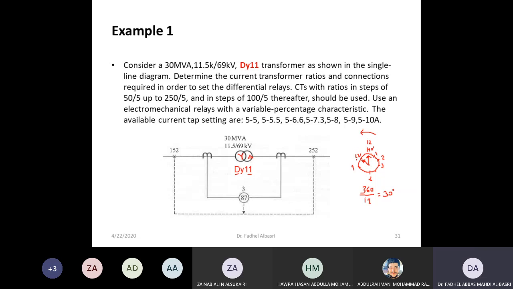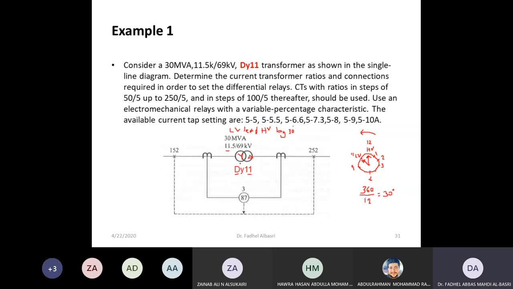For the LV at 11 o'clock, it means LV leads HV by 30 degrees. So for this transformer, LV leads the HV currents by 30 degrees.